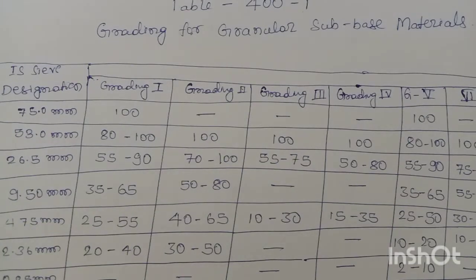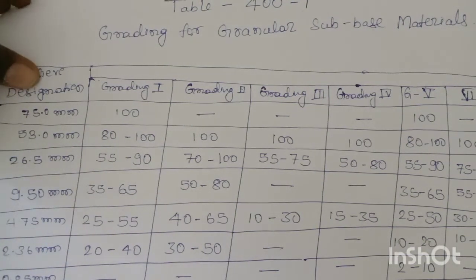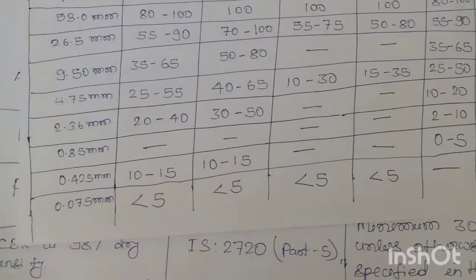Table 400-1: Grading for granular sub base materials. IS sieve designation: 75 mm, 53 mm, 26.5 mm, 9.5 mm, 4.75 mm, 2.36 mm, 0.85 mm, 0.425 mm, 0.075 mm.